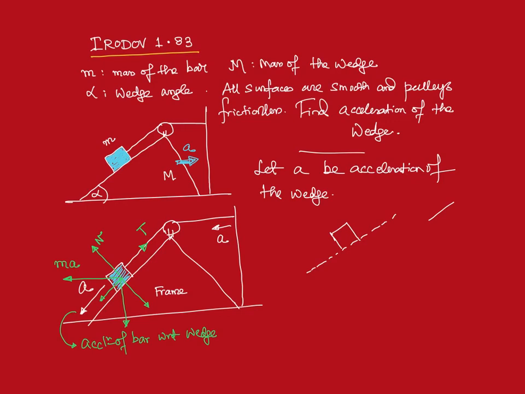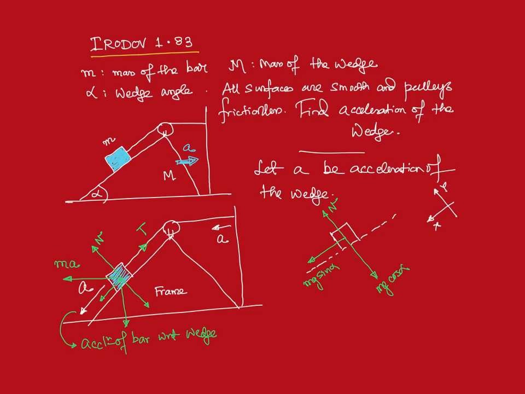So we have determined that we'll work with this x-axis and the y-axis. The y-axis is perpendicular to the wedge surface. The x-axis is parallel to the wedge surface. So let's straight away draw the components. So that's mg cosine alpha. This component here will be mg sine alpha, and there upward you have the normal reaction.